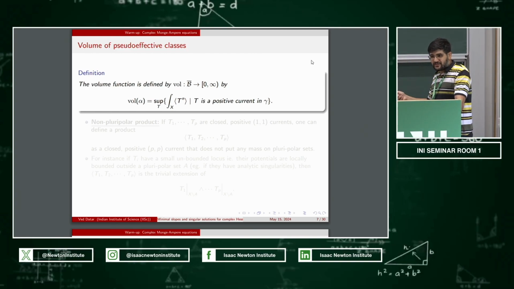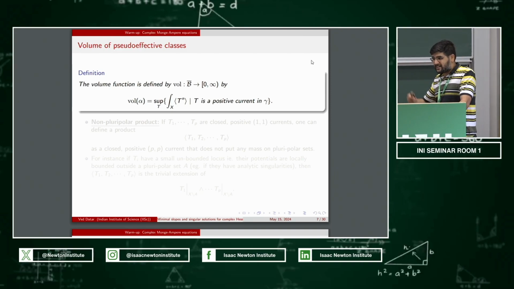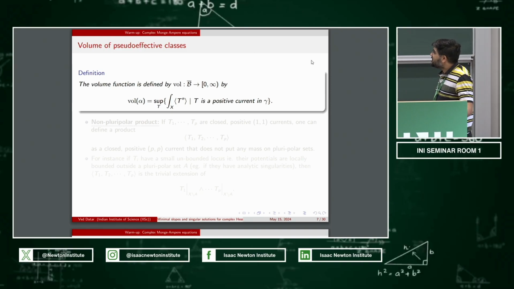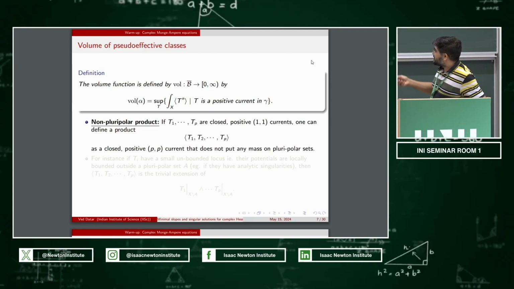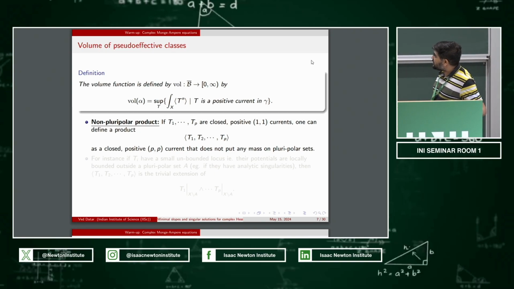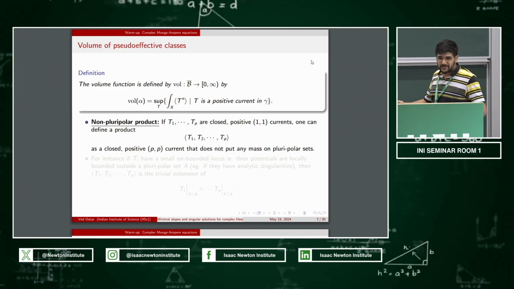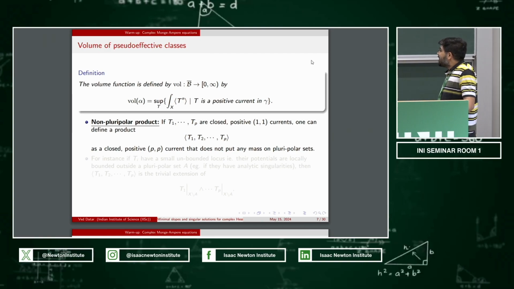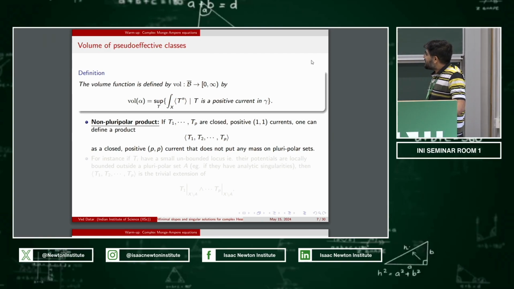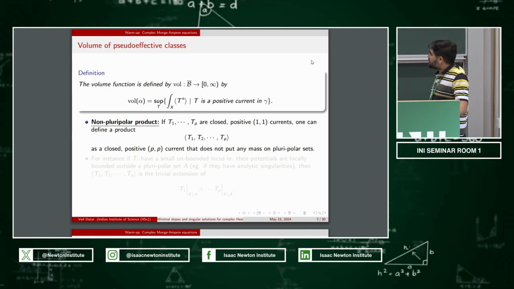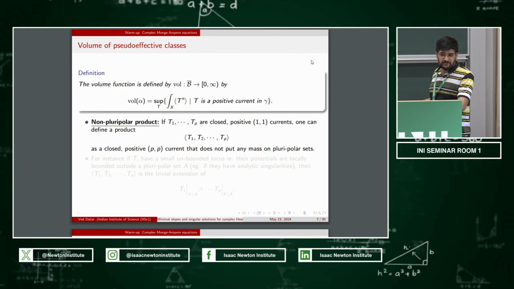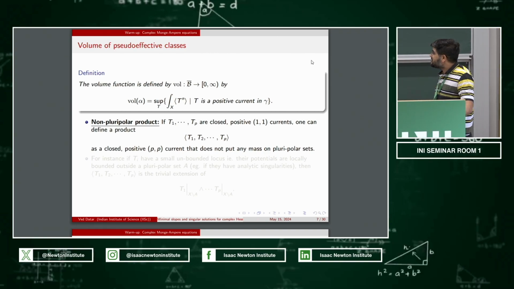It turns out, because of Demailly's regularization theorem, that the definition of volume that KY gave and this definition are the same. But there's a good excuse to introduce the non-pluripolar product. I'm not going to define it because it's a bit technical, but all we really care about is that it's a way of taking a wedge product of currents that may not have locally bounded potentials.